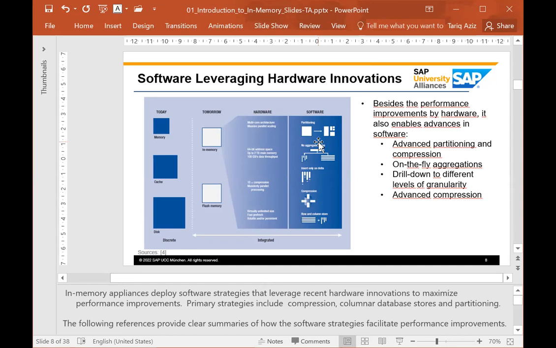If the data is on the hard disk, then we used to do aggregation. Aggregation means we process the data, do some kind of calculation, and store it at a certain stage. From there, we can read and do the processing for reporting.